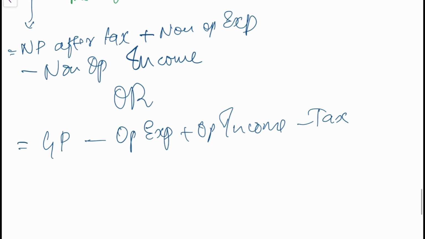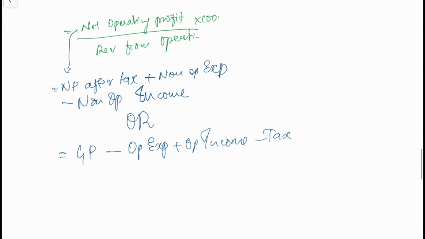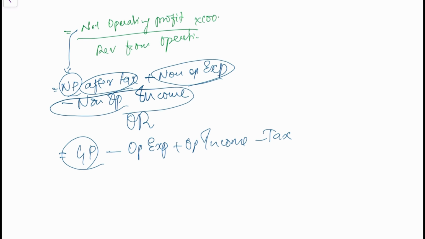So now when you calculate the net operating profit, there are two ways. One way is that you can use the net profit or gross profit. If you are using the net profit, then you should take it after tax, then you should add the non-operating expense, then reduce the non-operating income. If you are taking the gross profit, everything operating you have to take, that is you have to reduce the operating expense and add the operating income, then reduce the tax.